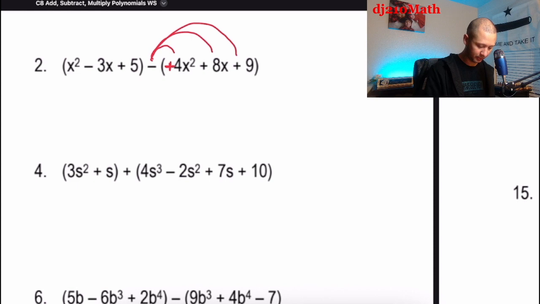This is going to be negative, negative. So x squared plus 4x. So after you distribute the negative, you combine by adding. So you distribute the negative and then you add the like terms. This is going to be 5x squared plus 5x plus 14.